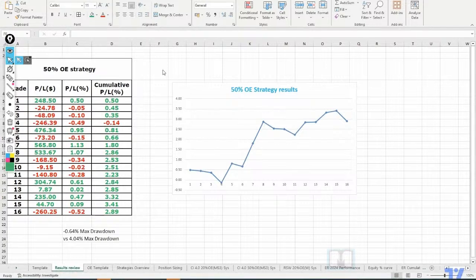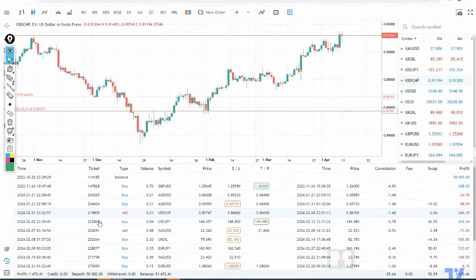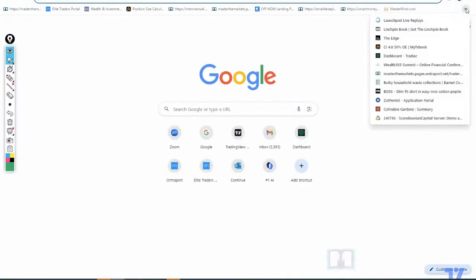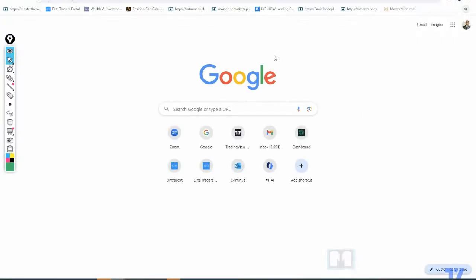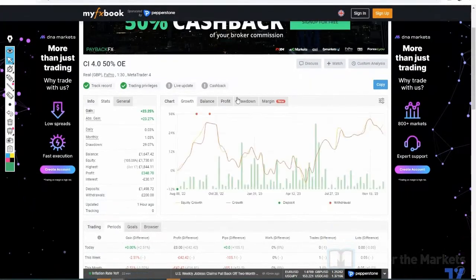The last thing, in terms of the valleys, which gives us the confidence to keep going forward, is our testing from before. You can see over here, on the 50% OE on the equity curves, we have changed the strategy here, but before we scaled it up to the 50K account, just look at this part of the curve.